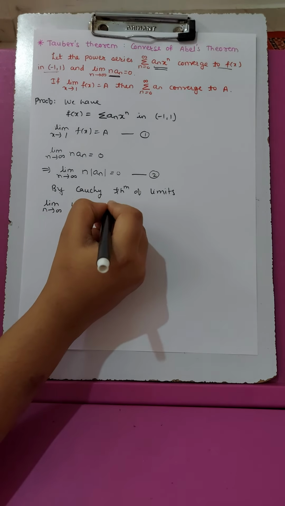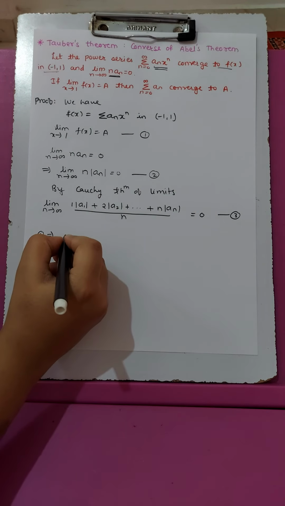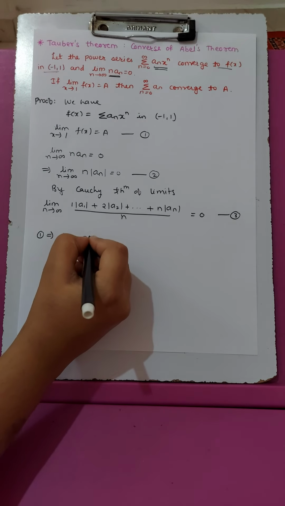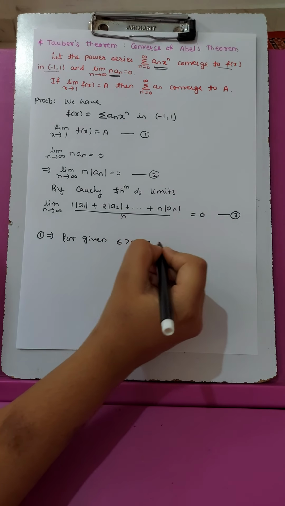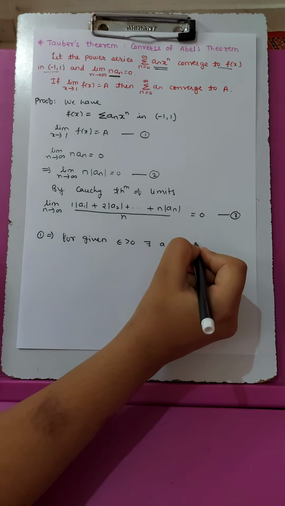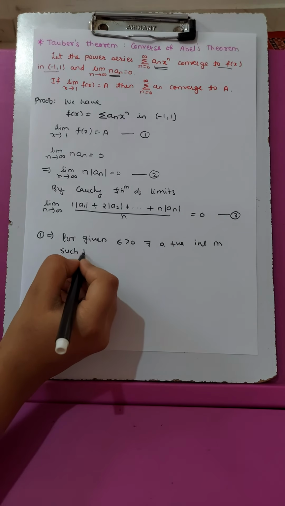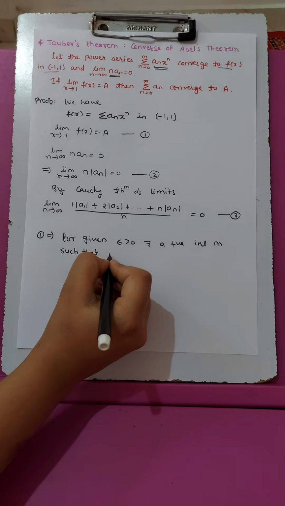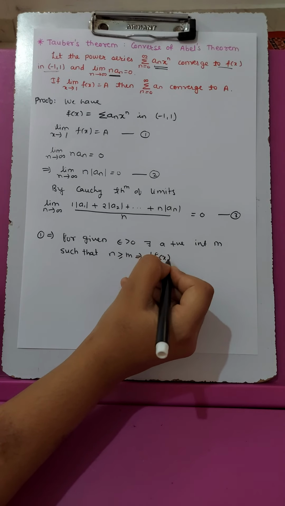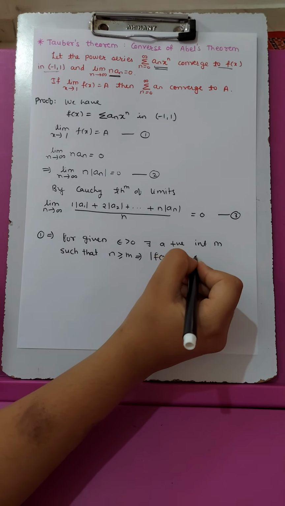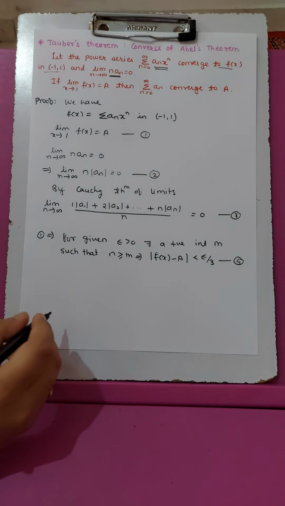So now by this first, and by definition, for a given epsilon greater than 0 there exists a positive integer m such that n greater than m implies mod of f(x) minus a is less than epsilon by 3. Let it be number 4.